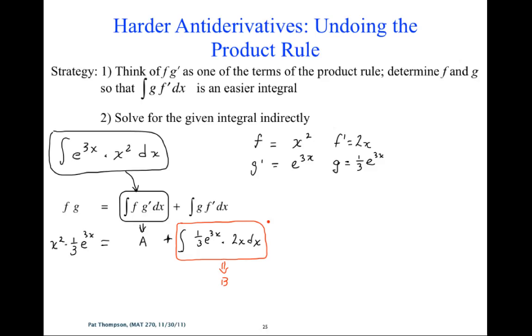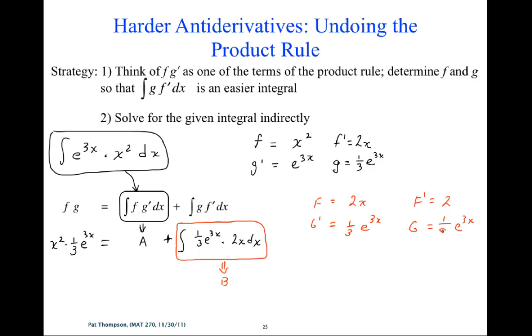Okay, so in order to do B, we're going to have to pick, we'll call them capitals now, F and G prime. What should we make F? 2x. G prime should be 1/3 e to the 3x, which makes F prime equal to 2, and G is going to be e to the 3x, and then what's our coefficient going to be?